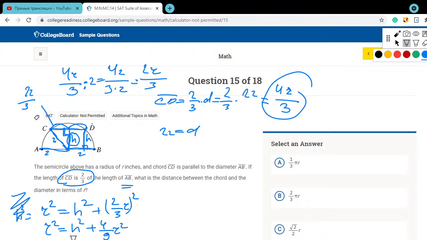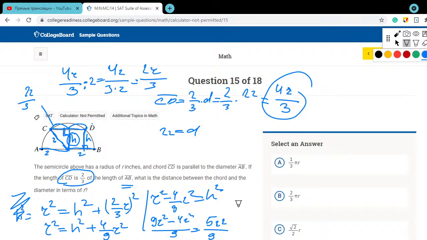We subtract 4 over 9 r squared from both sides, and r squared minus 4/9 r squared equals h squared, which is 5 r squared divided by 9.